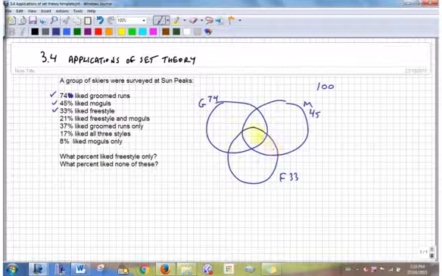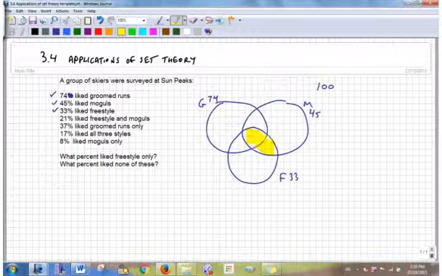That's the intersection here, which means both of those two boxes. So where do I put that 21? I'm not too sure how that is distributed, so let me just put it right on both lines there.